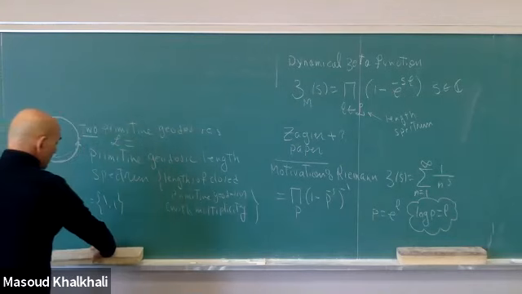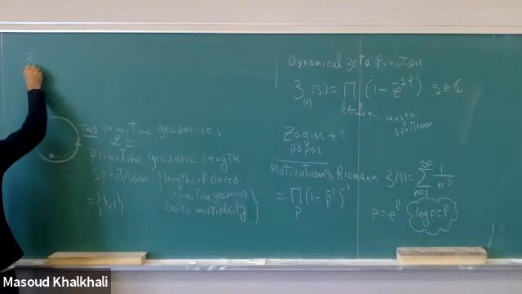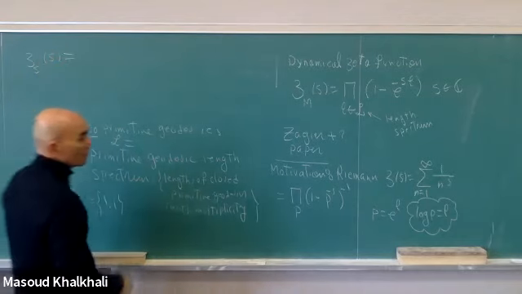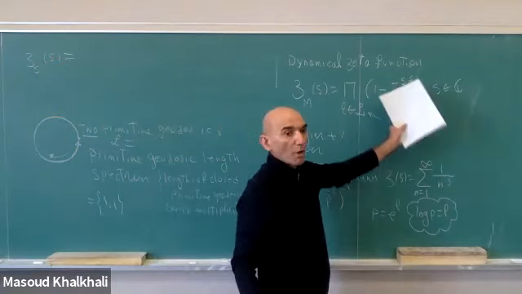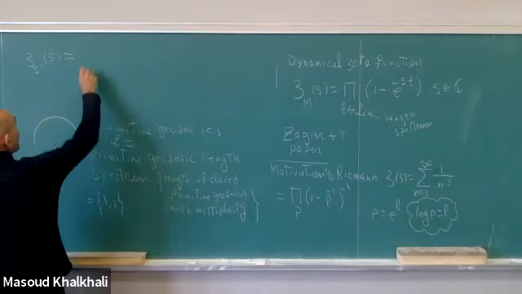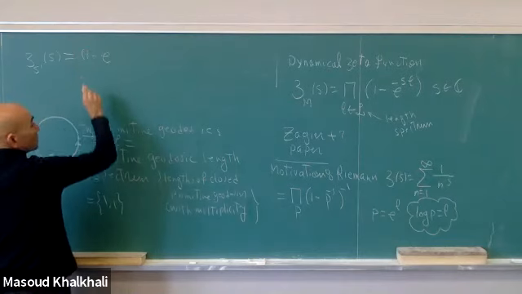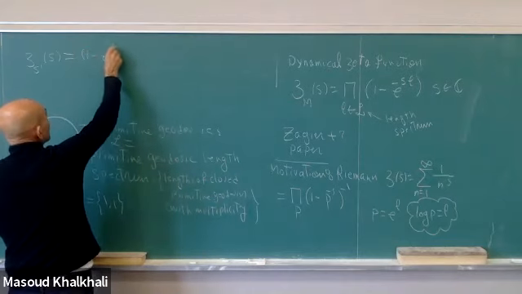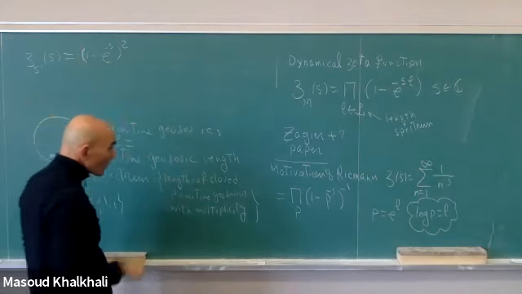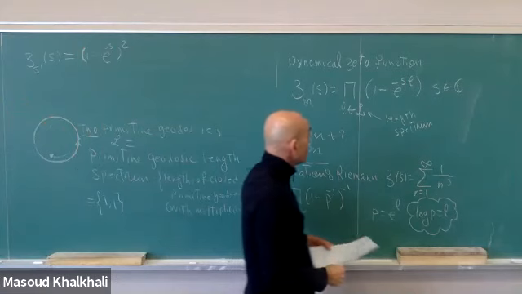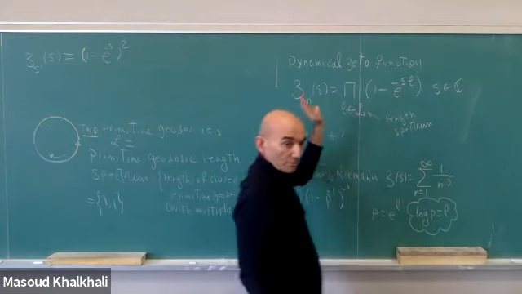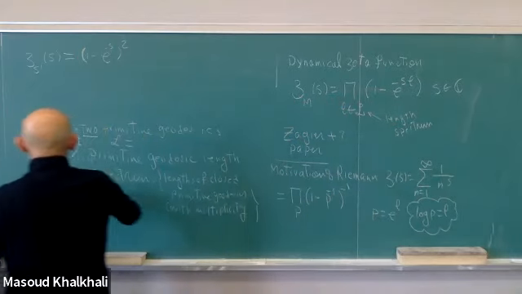Just zeta of s is, there are just two terms here, 1 minus e to the minus s. Now we want to look at zeros of zeta. So let's look at zeros of zeta.